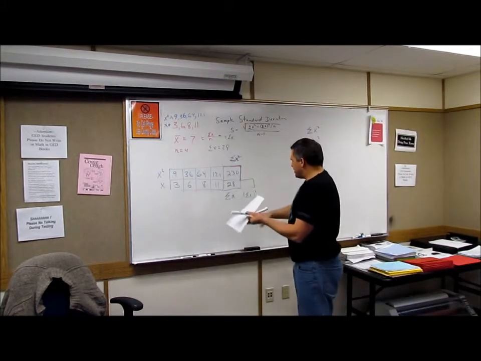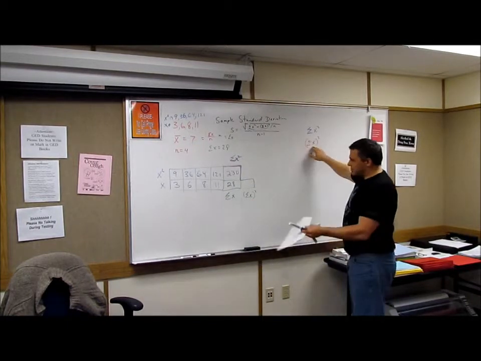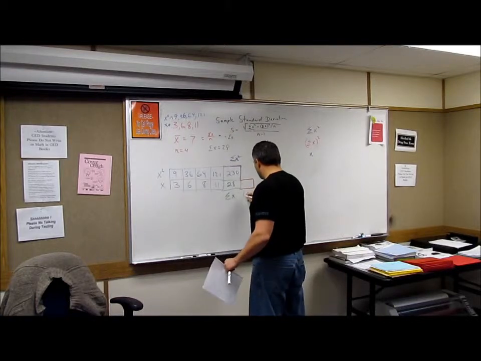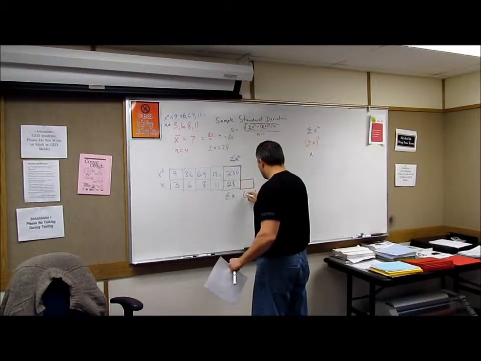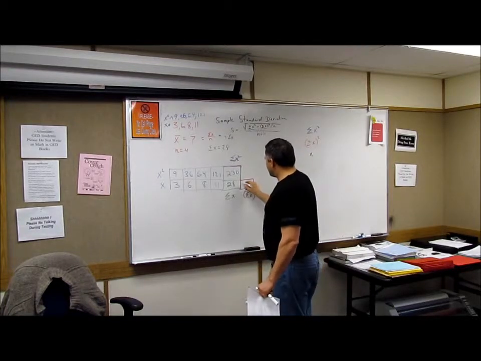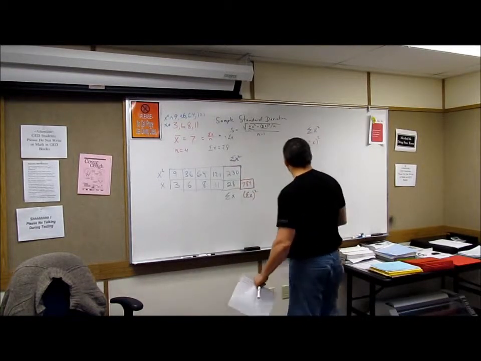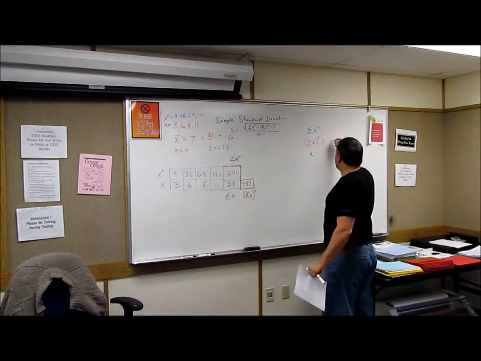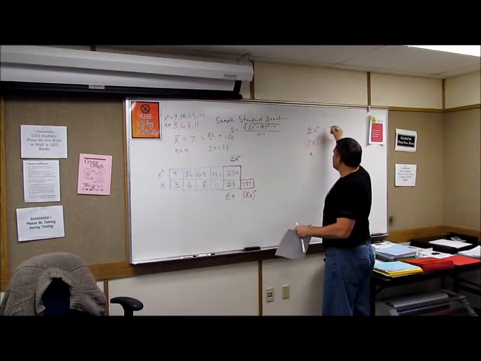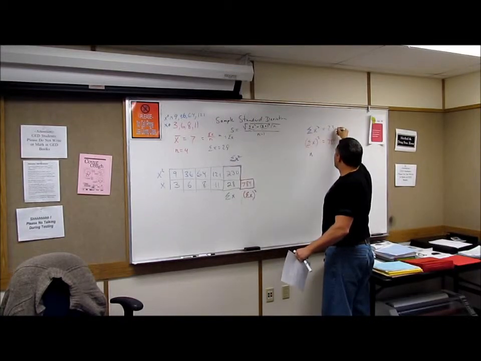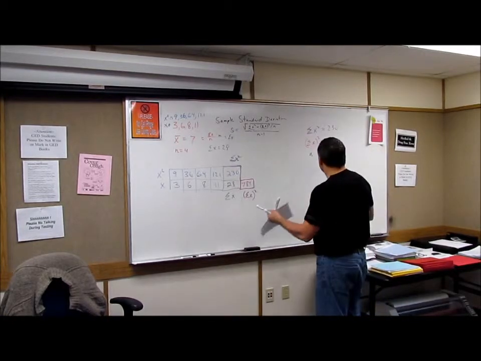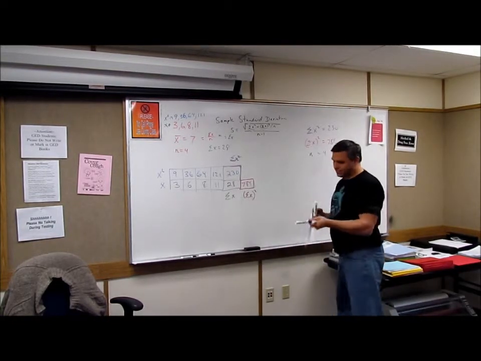But then this one is in red, so I'm going to write this in red: 784. So now I know that this is 784, I know that this is 230, and I know that this is 4.